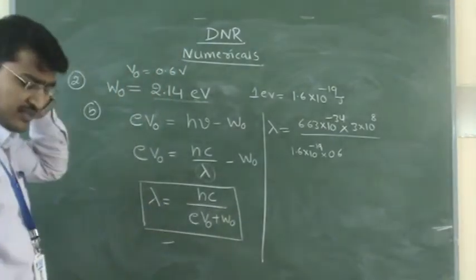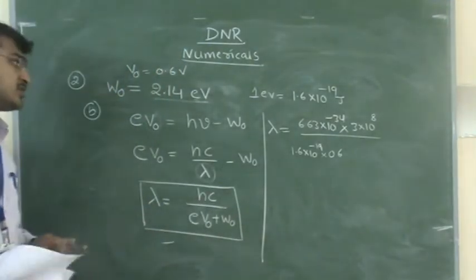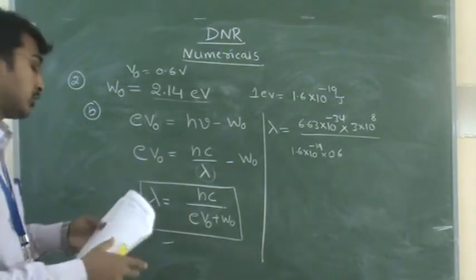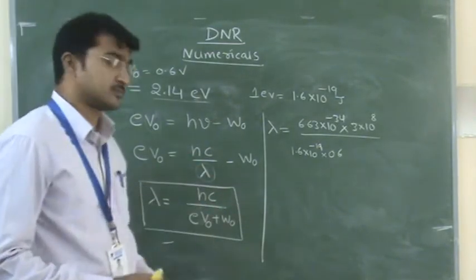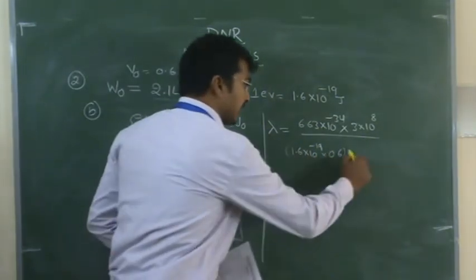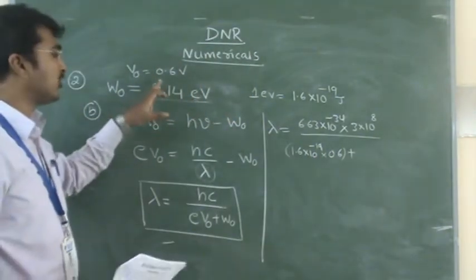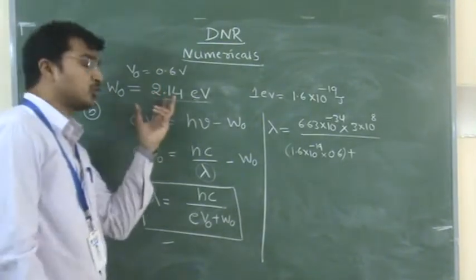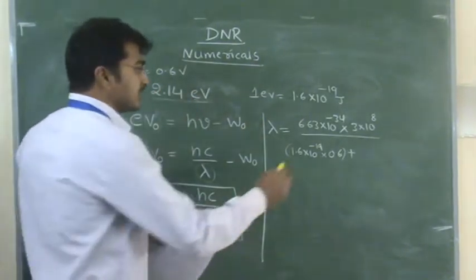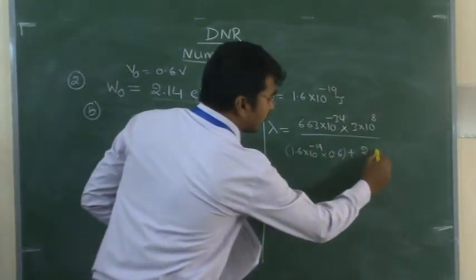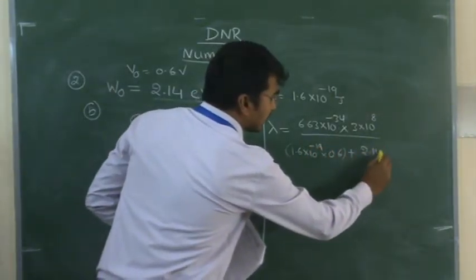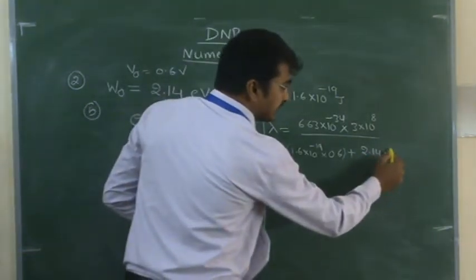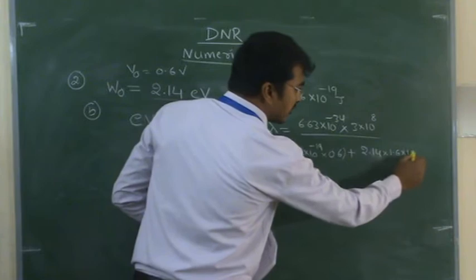Okay, everything's here. eV naught we got it. And coming to W naught, what about the W naught value? They gave the W naught value in terms of electron volts. We already know how to convert electron volts into joules. So 2.14 is in electron volts, multiplied with 1.6 into 10 to the power of minus 19.